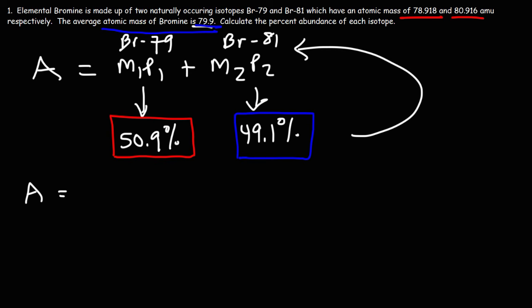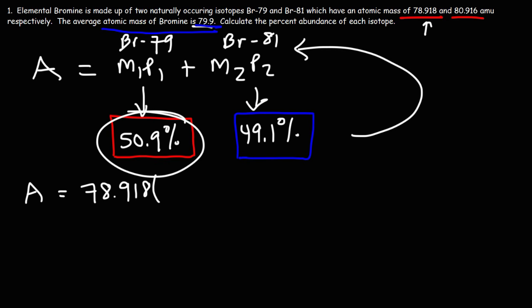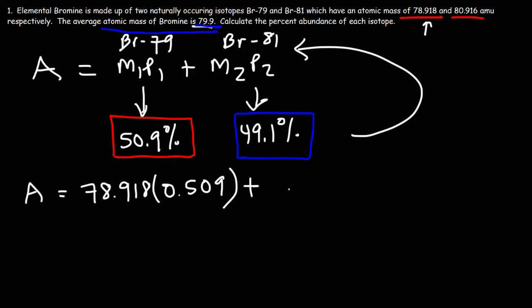So M1 is this number, 78.918, and we're going to multiply it by the decimal value of the percent abundance of Br79, which is 0.509, and then plus M2, the mass of bromine 81, which is 80.916, times the percent abundance of bromine 81, and that's 0.491.